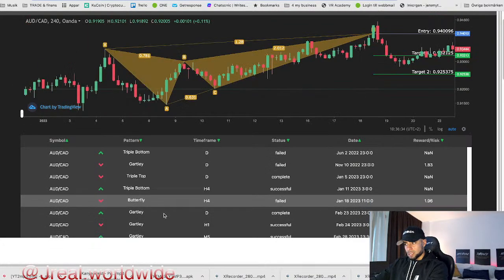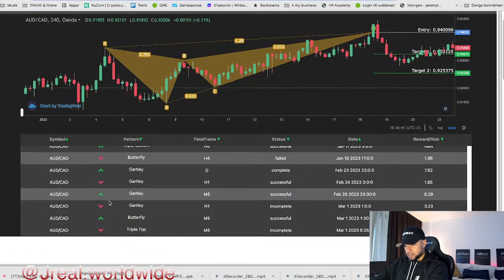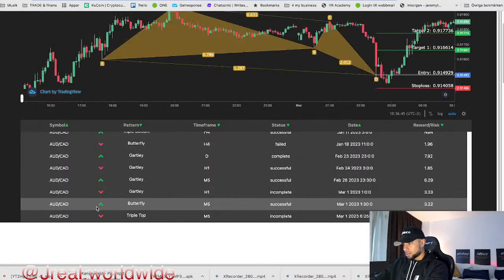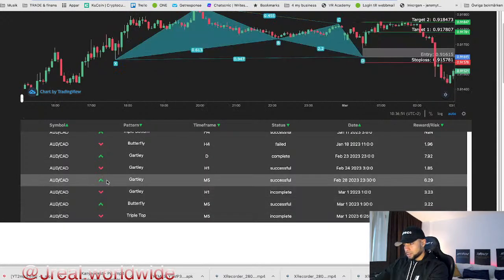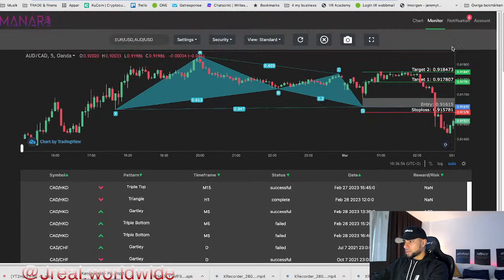A lot of trades already went, and Manara had a lot on AUD CAD. Let's look at this butterfly. Oh snap, this one ran and it went good. Now, nothing here right now from Manara.